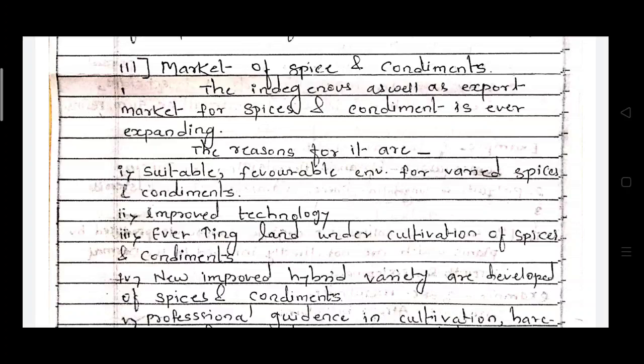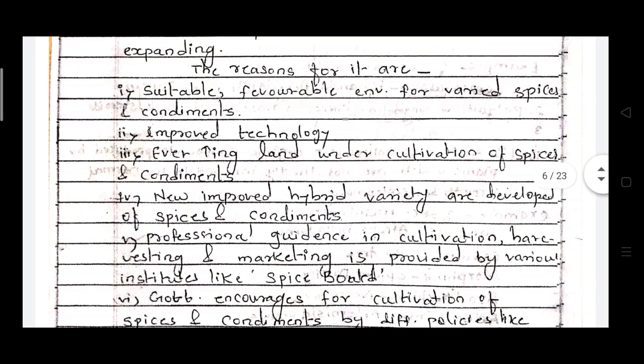According to the market demand, production will also be increased, so the land under cultivation will also need to be increased. Then new improved hybrid varieties of spices and condiments will be required for getting high yield in very short durations.